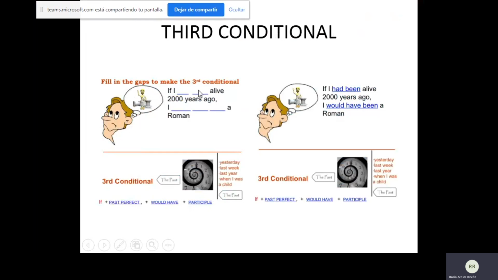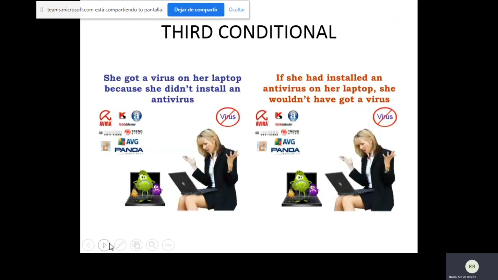So if we want to express this idea using the third conditional, we will have to say, for example, if I had been alive 2,000 years ago, I would have been a Roman. So this is imaginary. Of course, it's unreal and it's not possible. Okay.